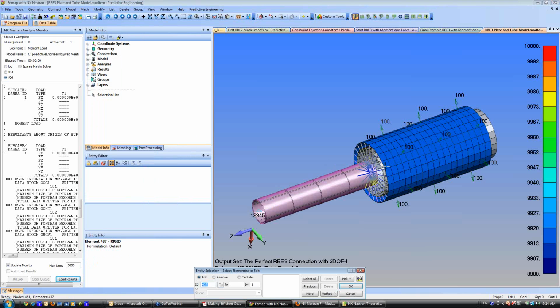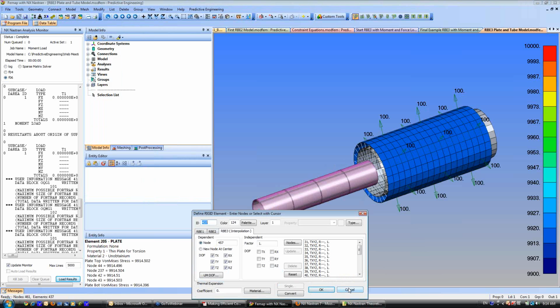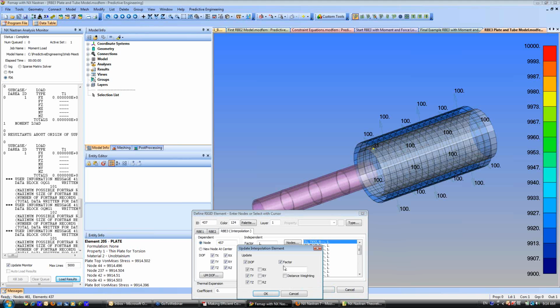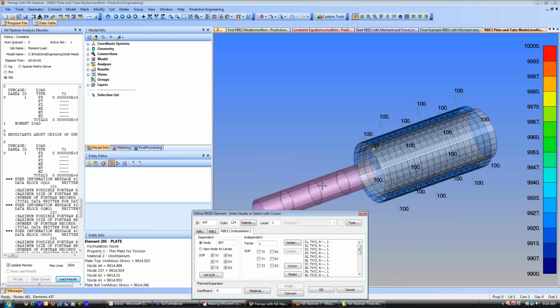Let's look at that RBE element. If we just take a peek, for the RBE3, none of the rotational degrees of freedom are constrained. And they don't need to be constrained because the dependent here is all 6.